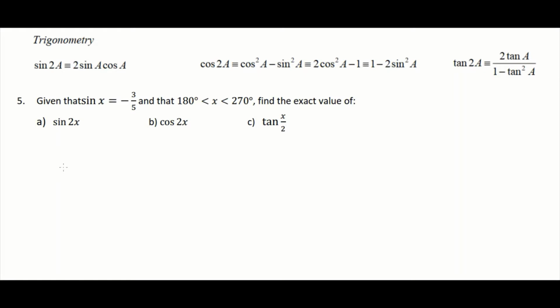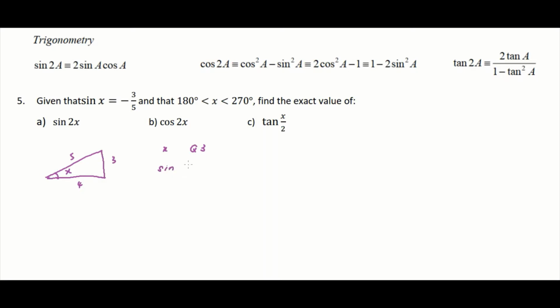Okay, so the same thing, what we can try to do is use the triangle to find out the sine, cos, tangent first. So you have x. So sine is O over H. So O, then your A. So x is between the range. So that's why you know that x will be in quadrant 3. So in quadrant 3, only tangent is positive.